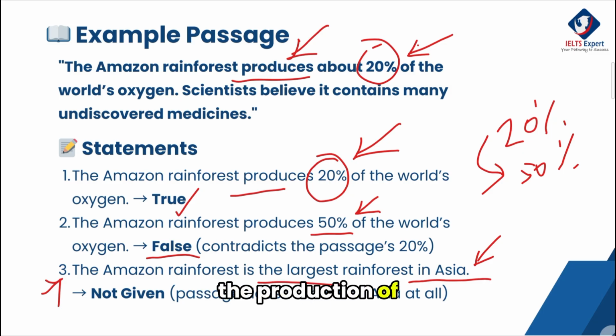The passage doesn't mention Asia at all. So there is no comparison regarding different rainforests in Asia. Here the statement compares the Amazon rainforest with other rainforests in Asia, but the passage doesn't compare. So there is no information.